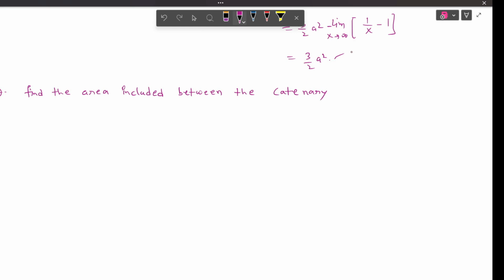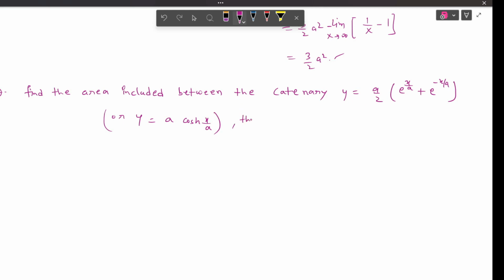That is catenary. Y equals to a by 2 e to the power x by a plus e to the power minus x by a, or it's a hyperbolic function. This is actually y equals to a cos hyperbolic of x by a.